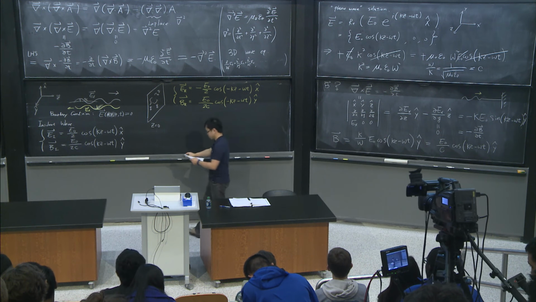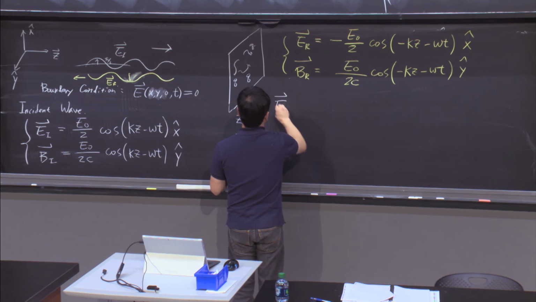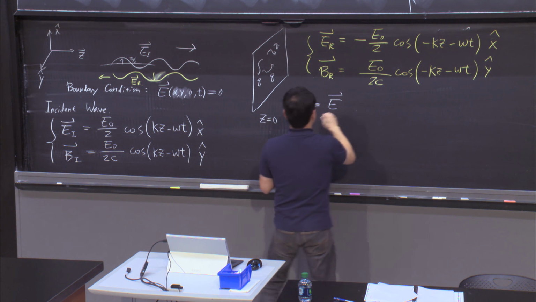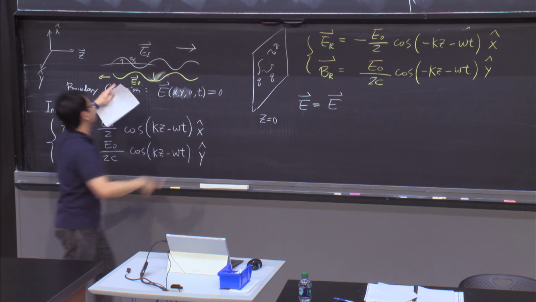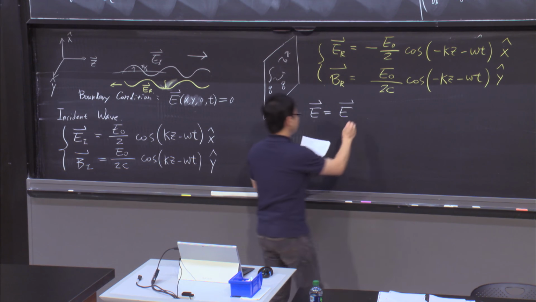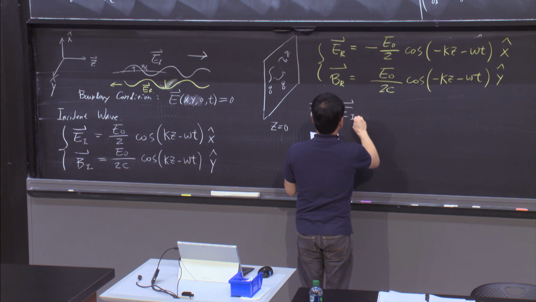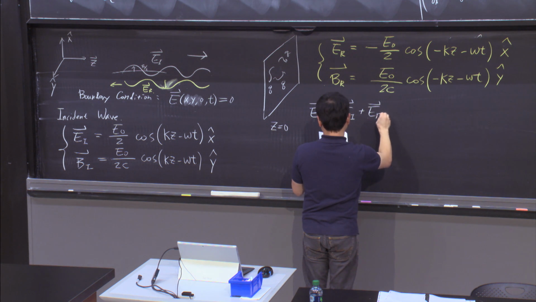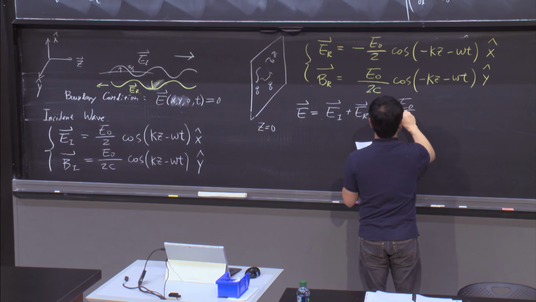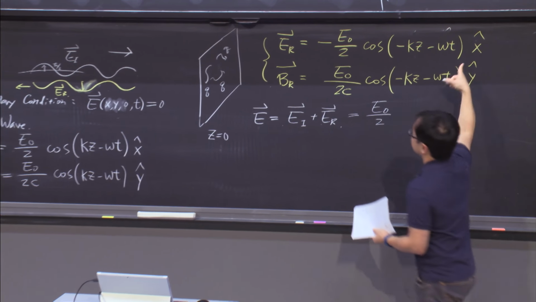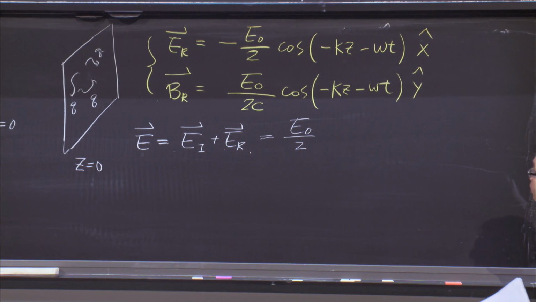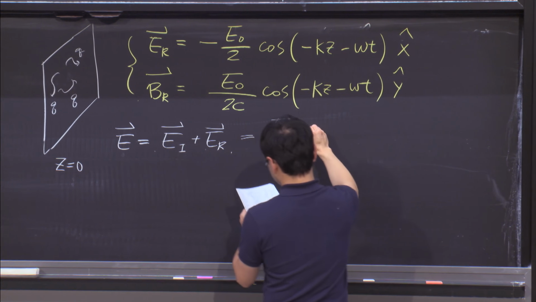So what I can do now is to calculate the total electric field. If I add them together, I get the total electric field, which is the overlap of the incident and the reflected wave. What I'm going to get is EI plus ER. Basically, I get E0 over 2, because the incident wave and the reflected wave, the electric field is always in the x direction, so I only need to take care of the x direction.